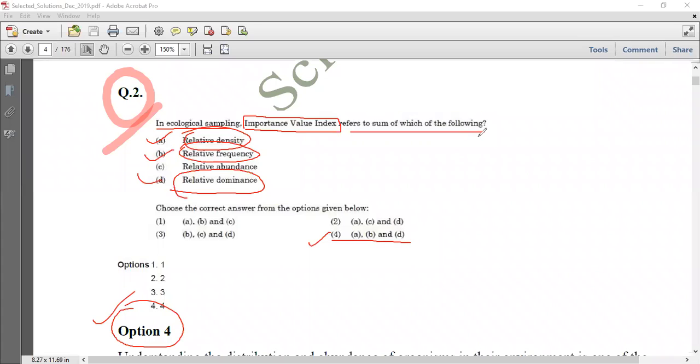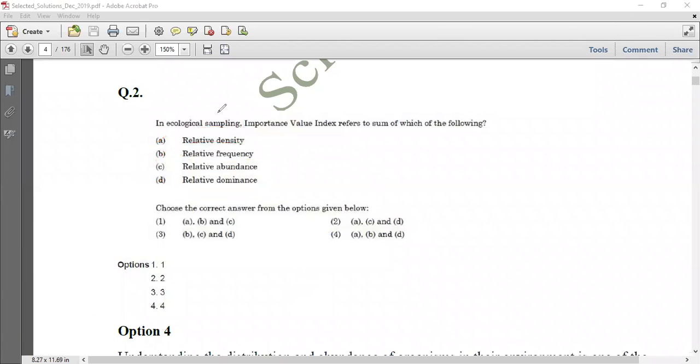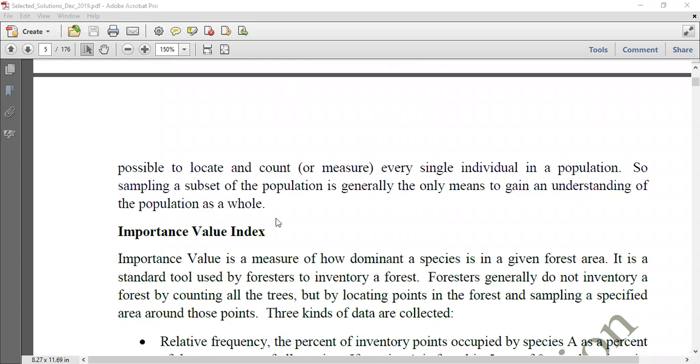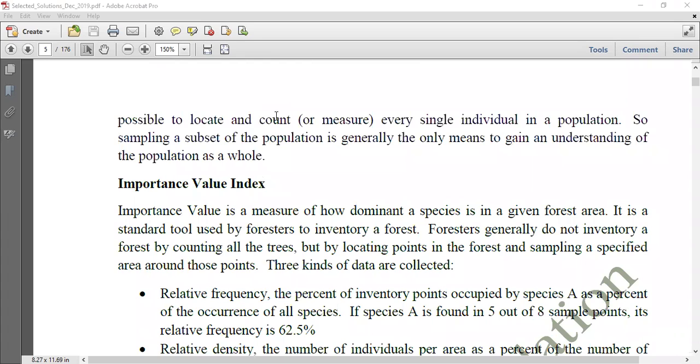Now let's see some of the explanation regarding this. So when we come to importance value index, it's a very good technique in ecology. Importance value index is a measure of how dominant a species is in a given forested area.